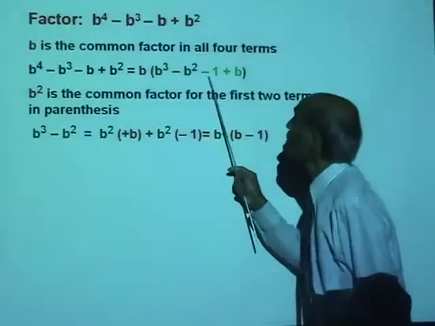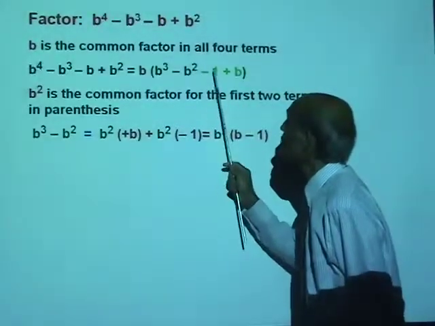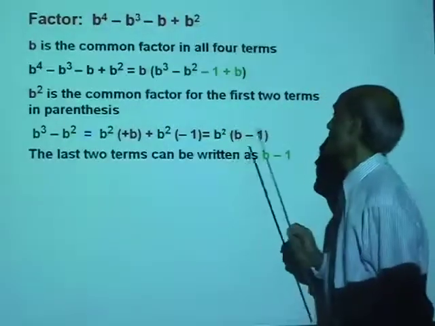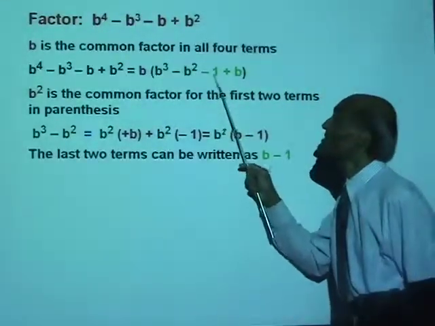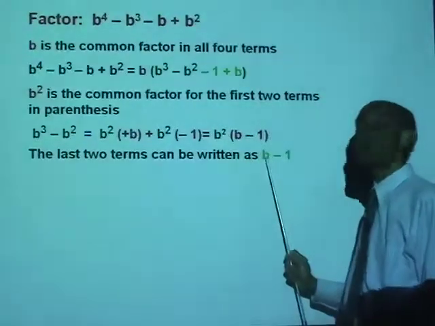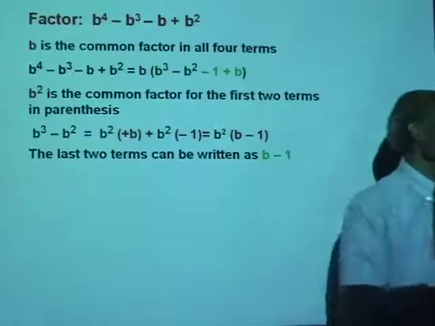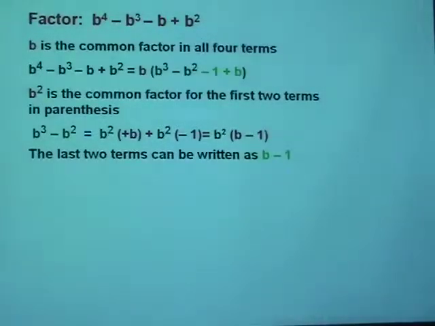And what is the last 2 terms? The last 2 terms is negative 1 plus b. Isn't the negative 1 plus b the same as b minus 1? Yes. You must understand that negative 1 plus b is the same as b minus 1.